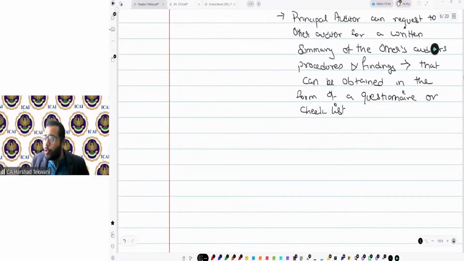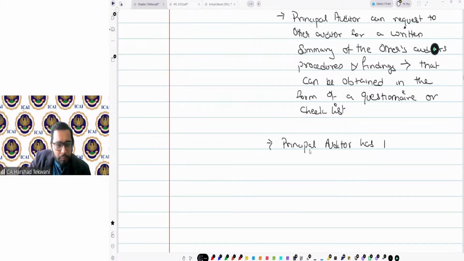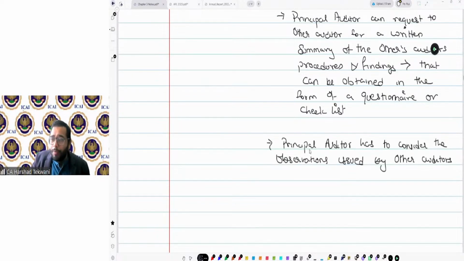So the principal auditor has to consider the observations issued by other auditors or component auditors, and shall document in his working paper how he has dealt with that. The principal auditor is required to document the same.